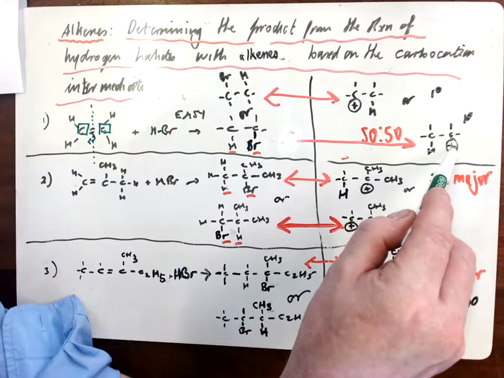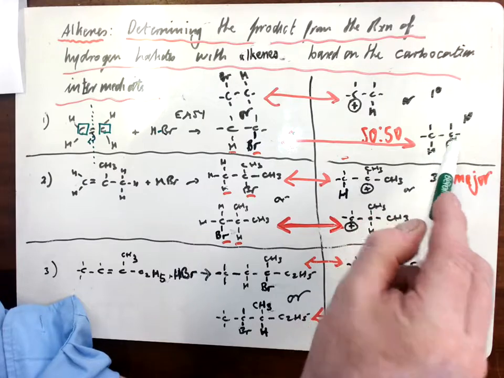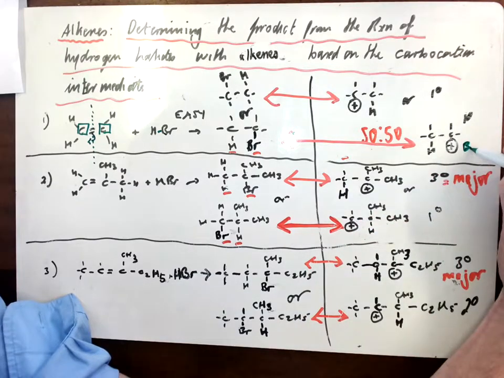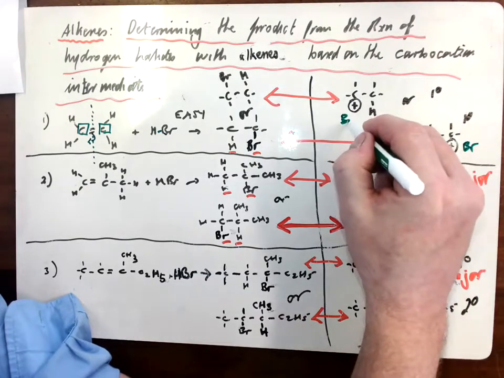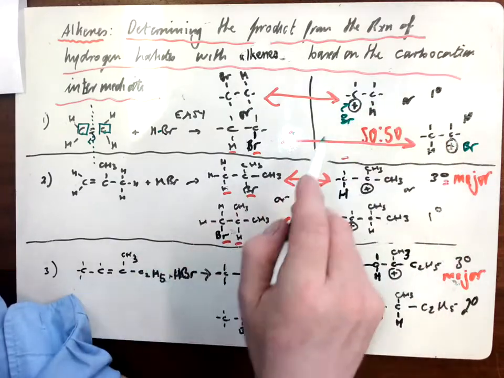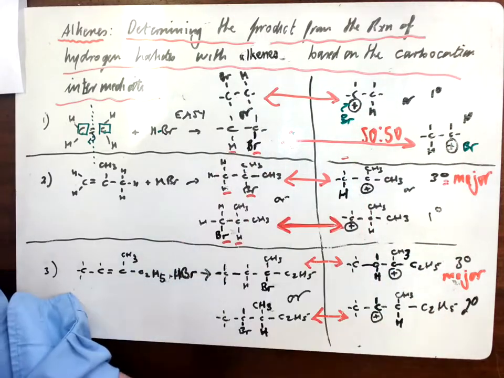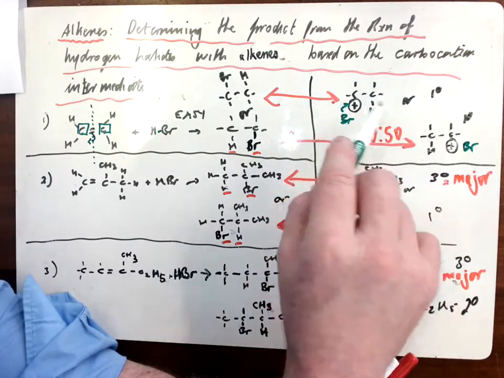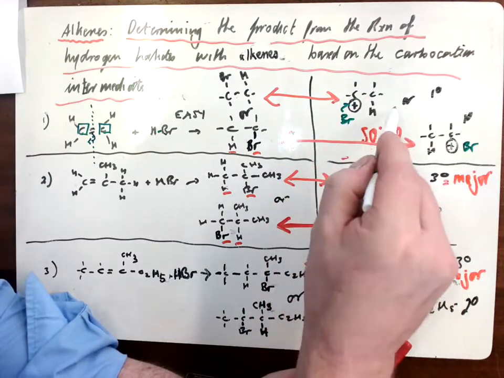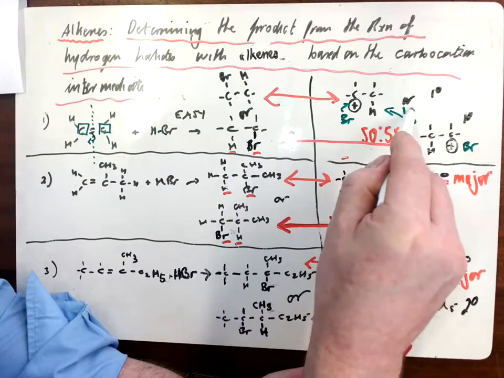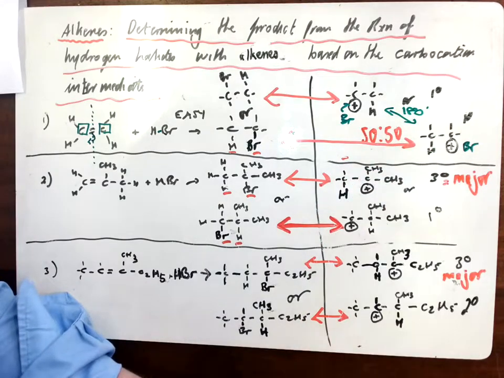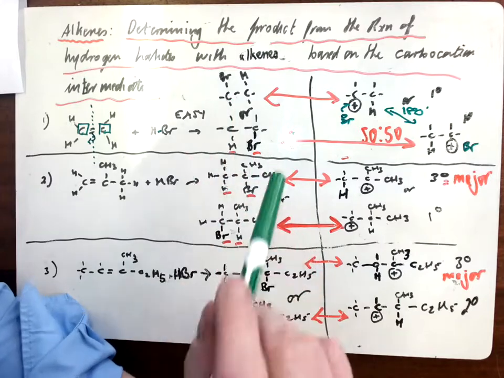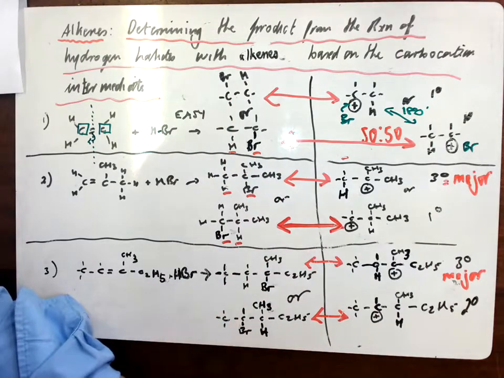So therefore the bromine will attach to this carbon in this instance, and to this carbon in that instance, giving you your two products. But if you look at it, the carbocation is absolutely identical in both instances. It's just swapped, turned around 180 degrees. So you get two products which are exactly the same.